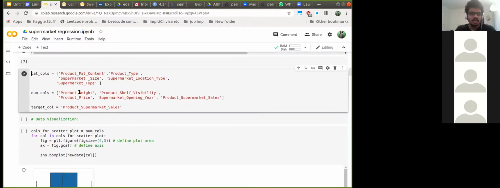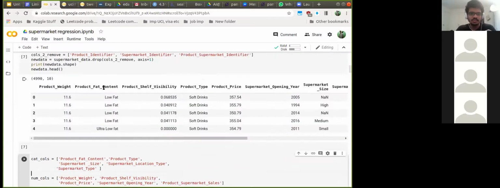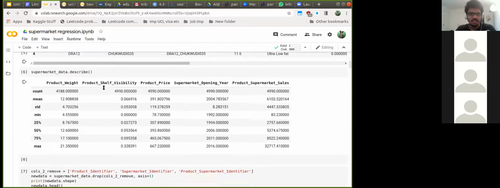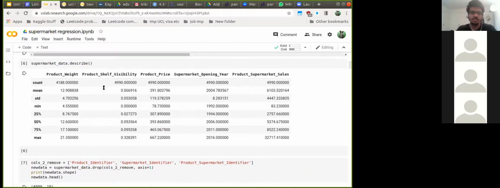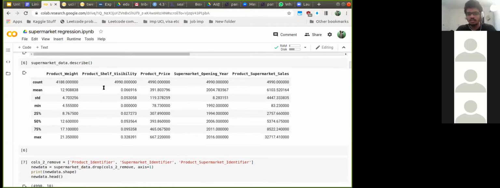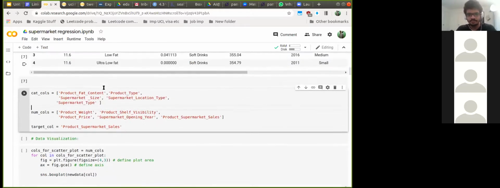What I've done here is divide the features into numerical and categorical. As we can see, the describe gave us information on the numerical features, and I've grouped them here, and the rest of the features are categorical features.